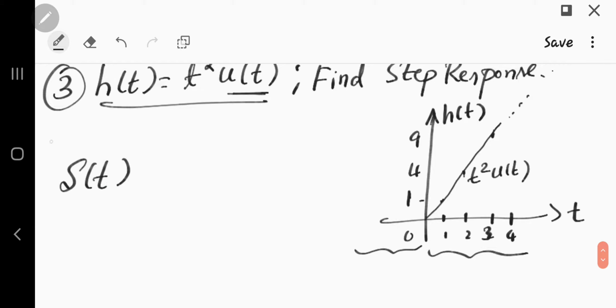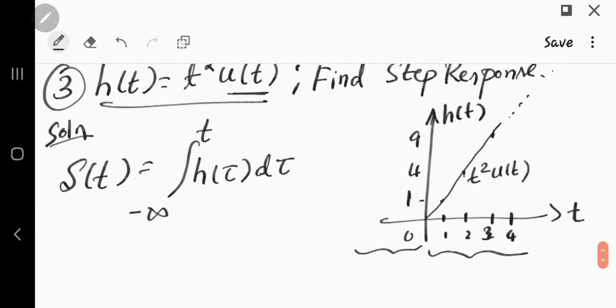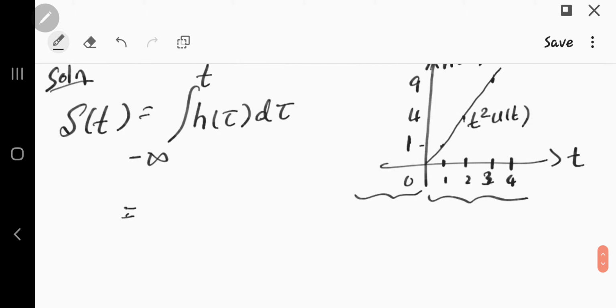So s of t is equal to the integral from minus infinity to t of h of tau d tau. Now for this, h of tau is t square into u of t, and I think we have to express it in tau here: tau square into u of tau d tau.